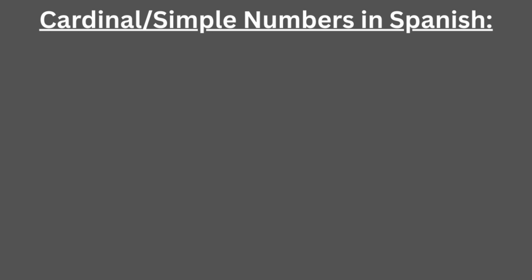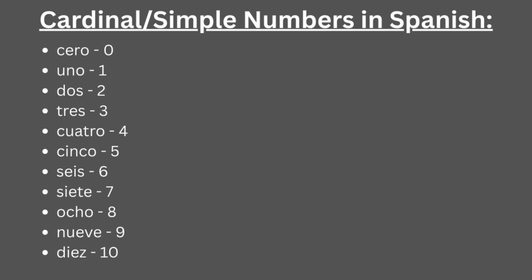Finally, Spanish has cardinal numbers that are spelled and pronounced like this: 0, 1, 2, 3, 4, 5, 6, 7, 8, 9, 10.